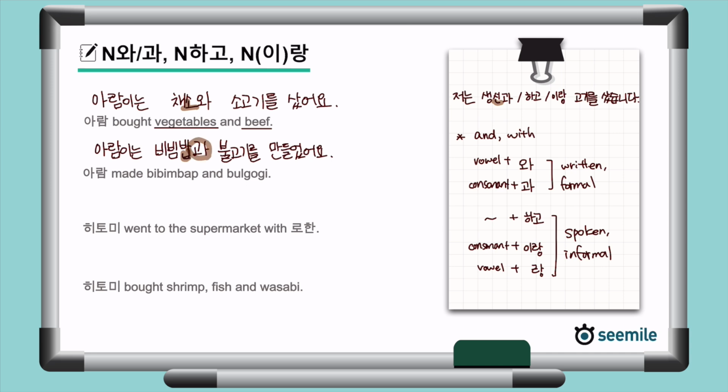By the way, what are bibimbap and bulgogi? They both are traditional Korean foods. Bibim here comes from the verb bibida, which means to mix, and pap is the cooked rice, so bibimbap is basically rice that needs to be mixed or stirred before eating.